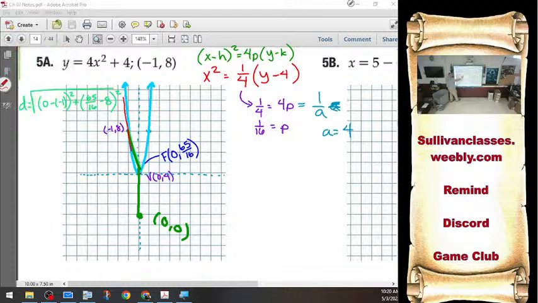The tangent line between those two. Can you make a line between those 2 points? God, I hope so. Count boxes. What's the slope? Down 8. What's the y-intercept? 0. Done.